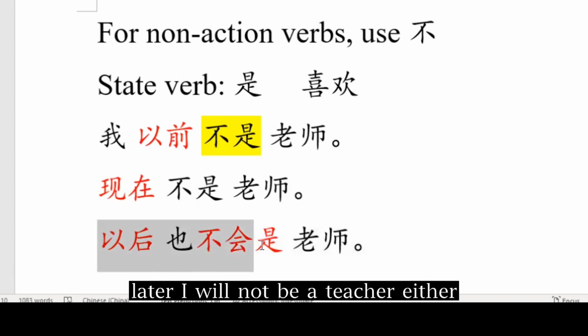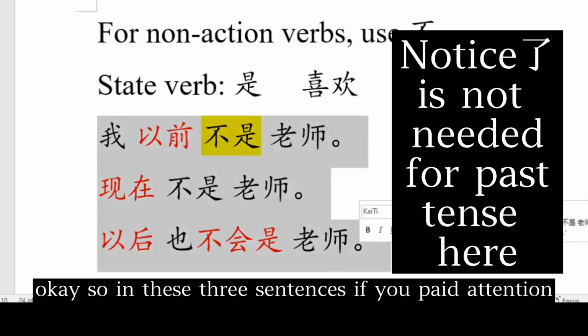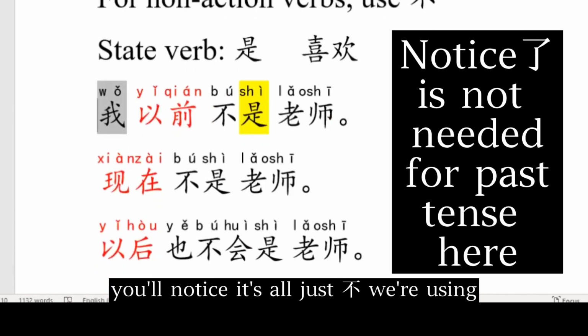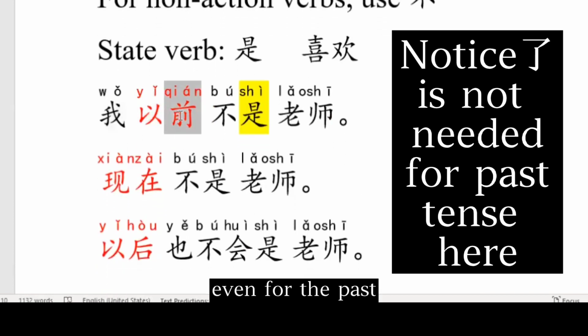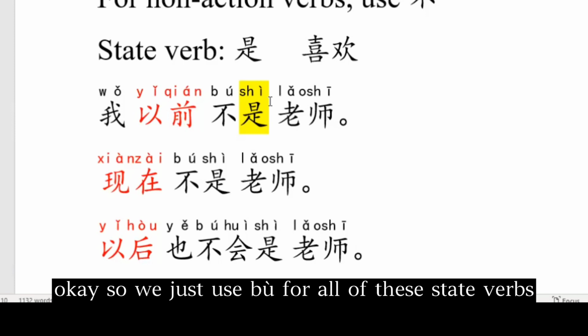Later, I will not be a teacher either. Okay, so in these three sentences, if you paid attention, you'll notice it's all just 不 we're using. Even for the past, we didn't use 没 because it's not an action that did not happen. So we just use 不 for all of these state verbs.